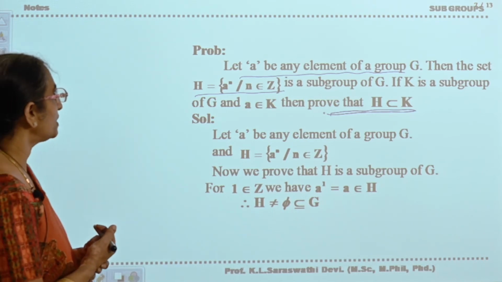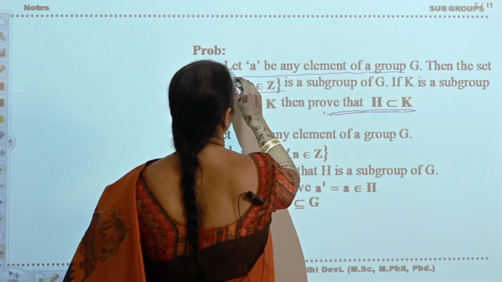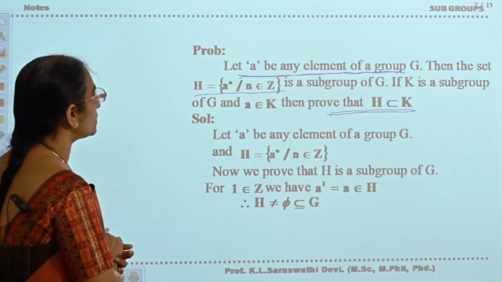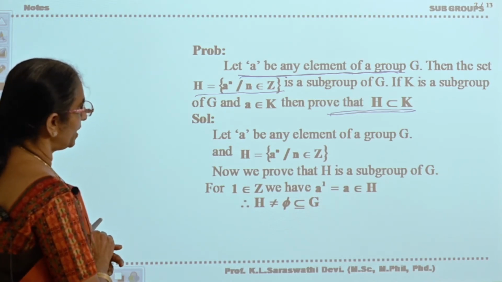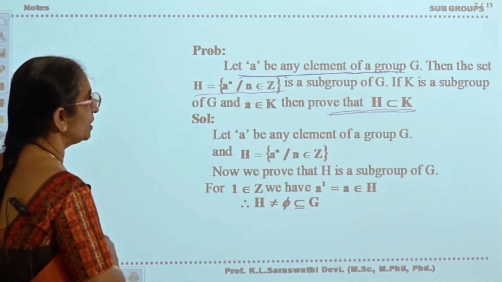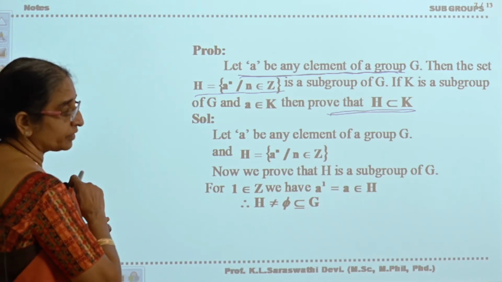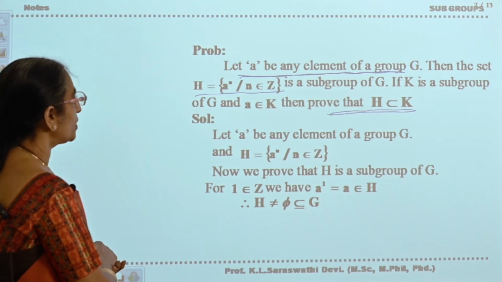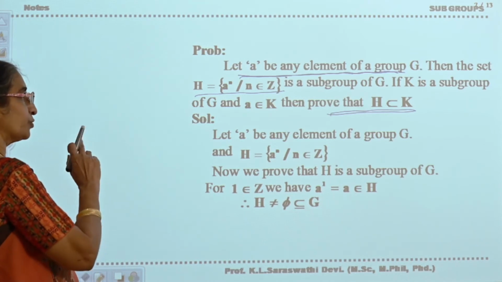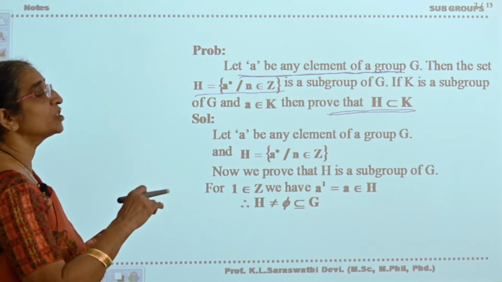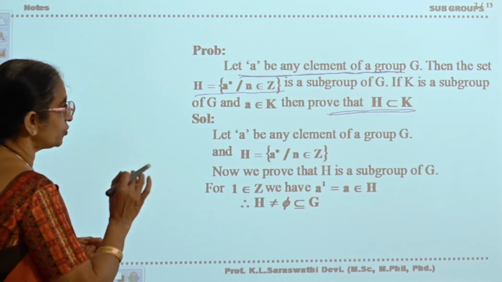Now what is given to you here? A be any element of a group G. The set H is equal to A power n, where n belongs to Z, is a subgroup of G. This we have proved in previous videos. Now what you have to prove? K is a subgroup of G and A belongs to K, then H will be a subset of K. That you have to prove.